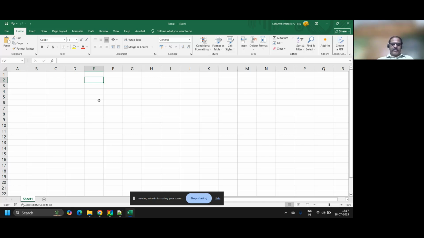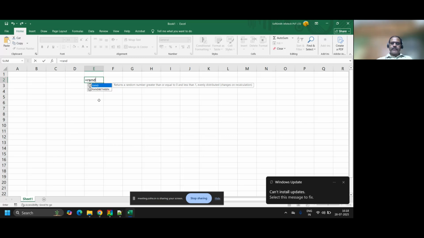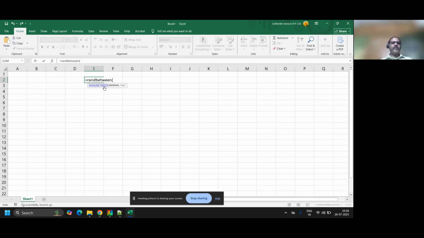It's very easy. Excel has got a lot of formula. If you use RANDBETWEEN, the moment you put the equal sign and then say RANDBETWEEN, I'm going to say anything between 10 and 50. Okay.